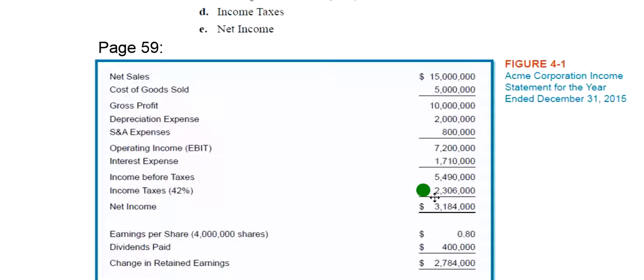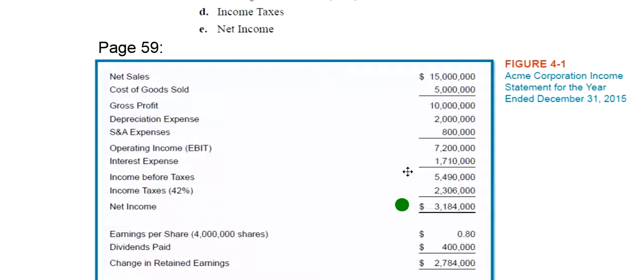It's not quite exact, but they rounded this off. But anyway, roughly 42% of the income before taxes. We subtract that and we get our net income. So I'm going to stop there. That's basically how an income statement works, moving from our net sales down to our net income.